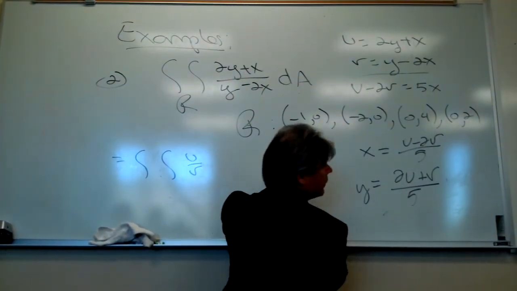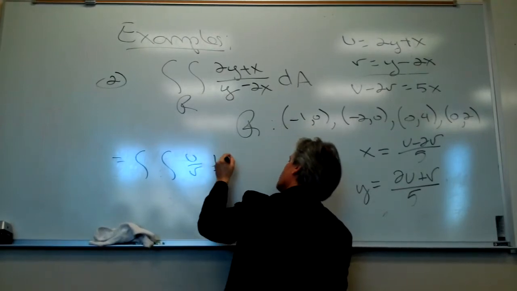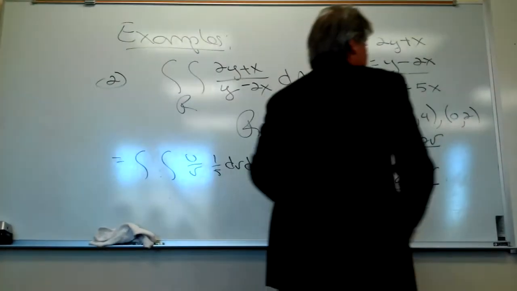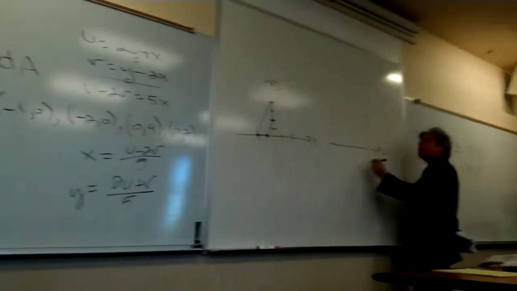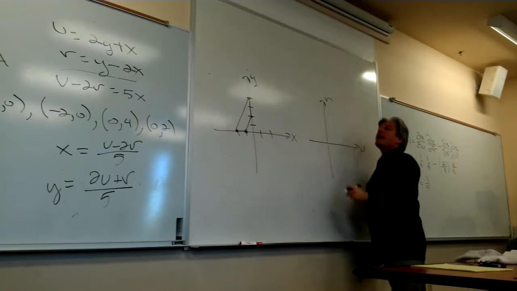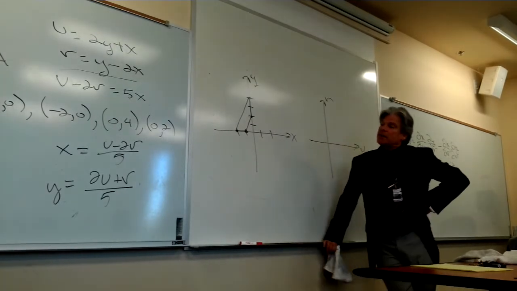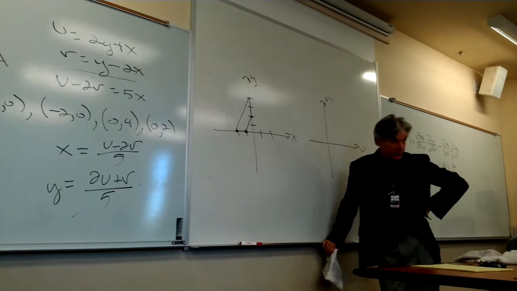I'm integrating with respect to u and v, but I've got my scale change, positive 1/5. What I need next is to find out what the corresponding image looks like in the uv coordinate plane when it comes to transforming this actual region in the xy coordinate plane. But you guys, here too, I think there's a nice clean linear relationship among all these variables.